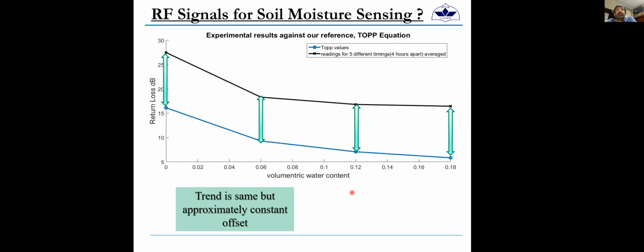So why is there some offset? So there could be multiple reasons. For example, आपके पास आप power compute कर रहे हैं ना transmitter end पे और receiver end पे experiment में for this black curve.